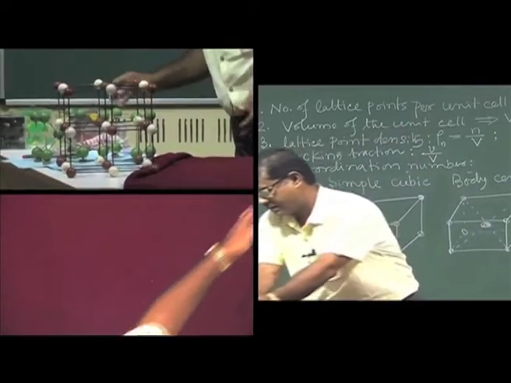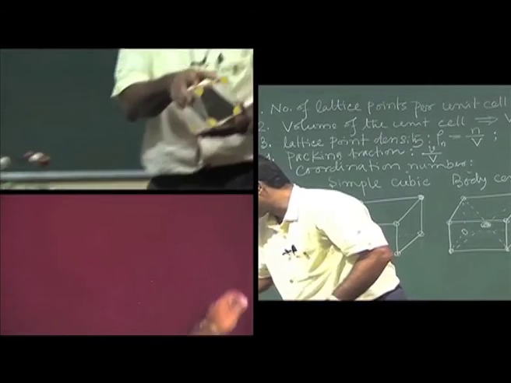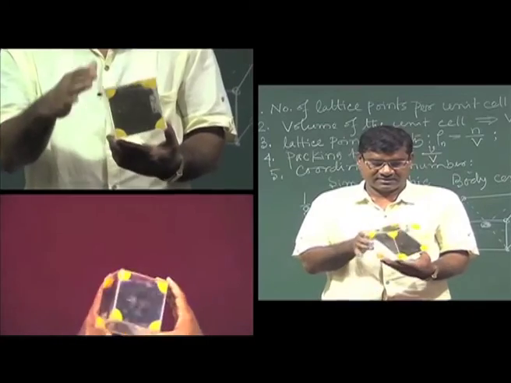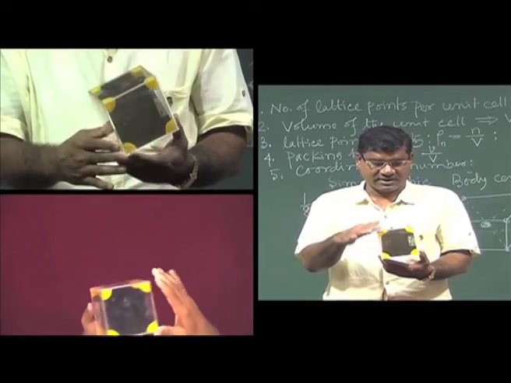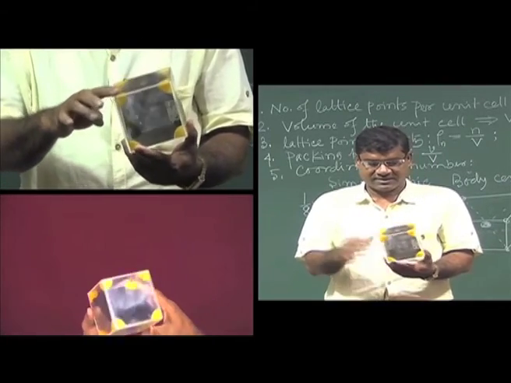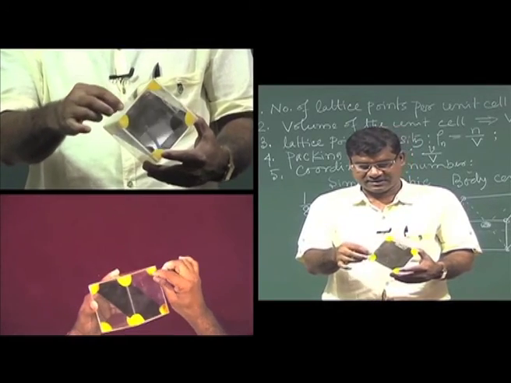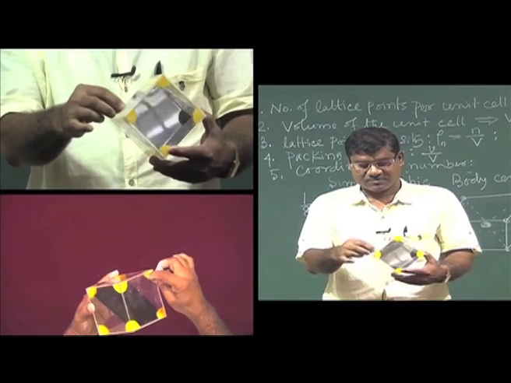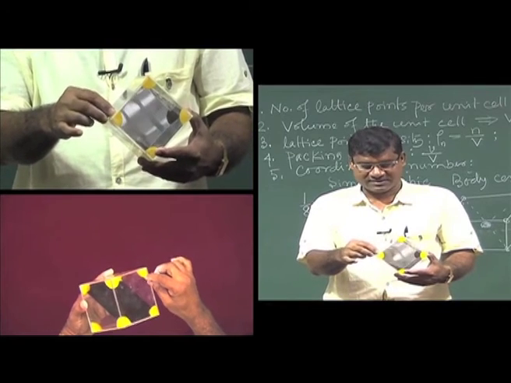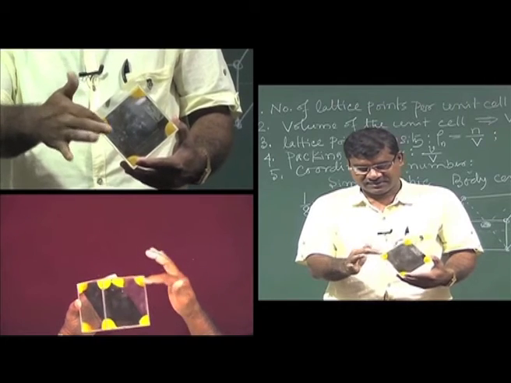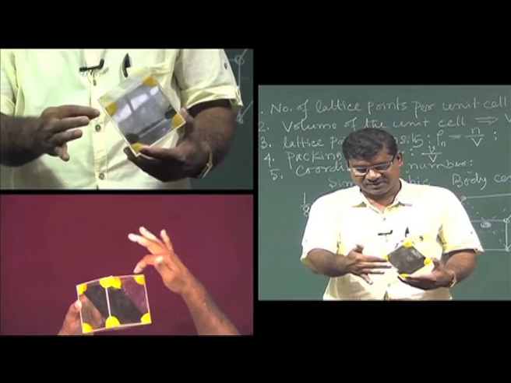This is also expressed nicely here. If you see, these are simple cubic. So, 8 corners are there. In each corner, this is the lattice point, this portion is 1/8. So, this 1/8, this side 1/8.